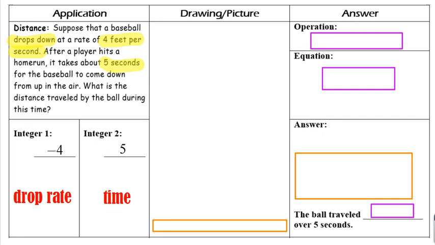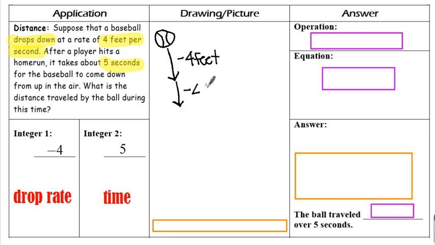So we're going to draw the ball falling down. I'm going to draw a baseball. Baseball will probably look like this. It's going to be falling. If it falls for 1 second, that's dropping 4 feet. And then it's going to drop again.